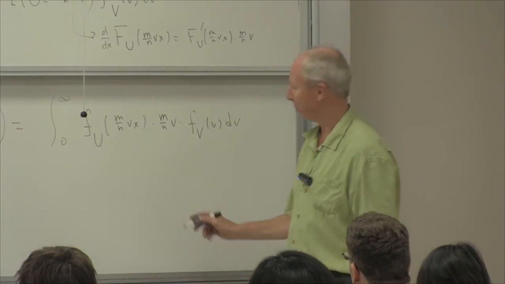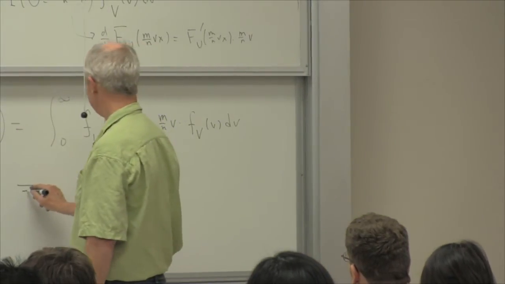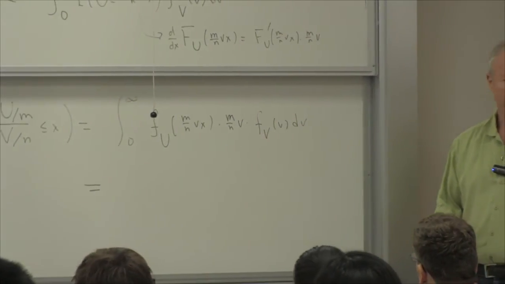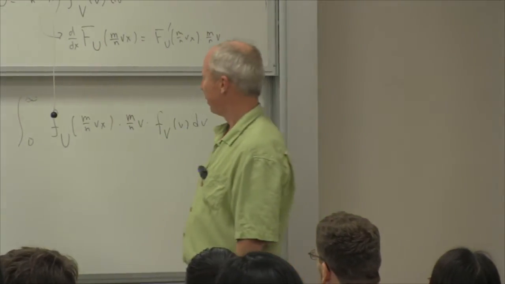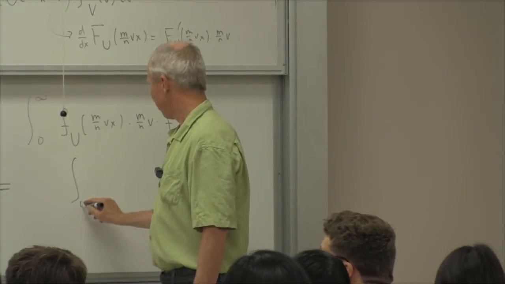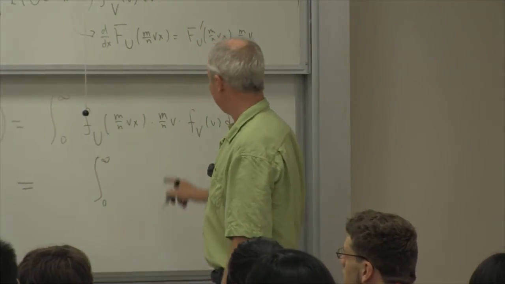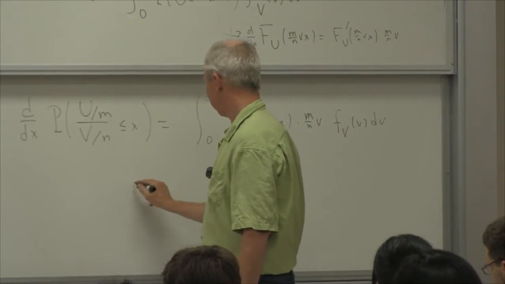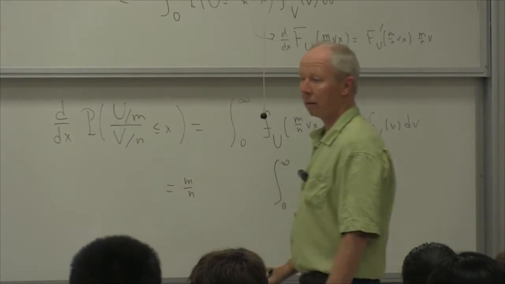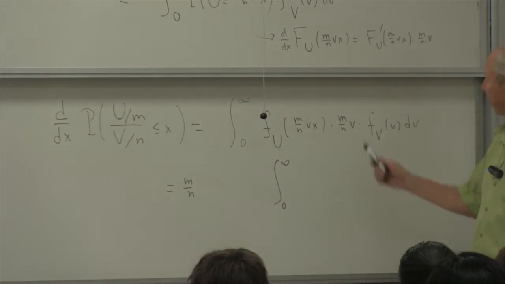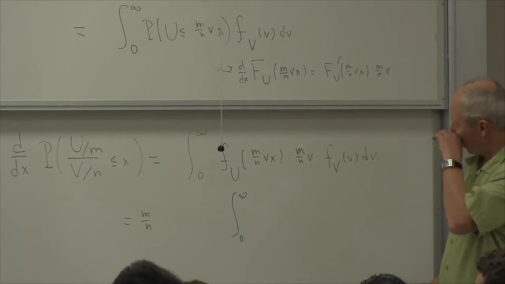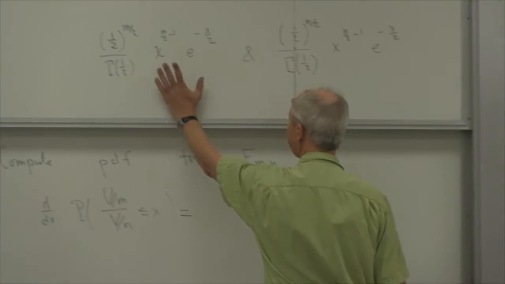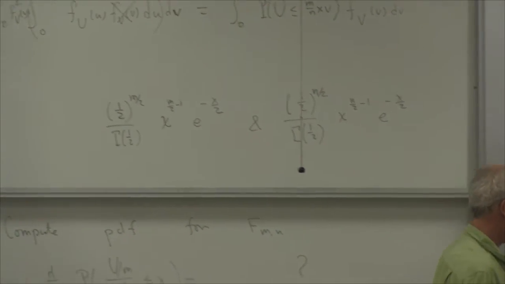But you won't have to do any integration. Let's substitute what the PDFs are now. I wrote them on the board. There are going to be constants out in front. First one, I guess, will be m over n, from here. And then we evaluate the PDF for u at m over n v x.